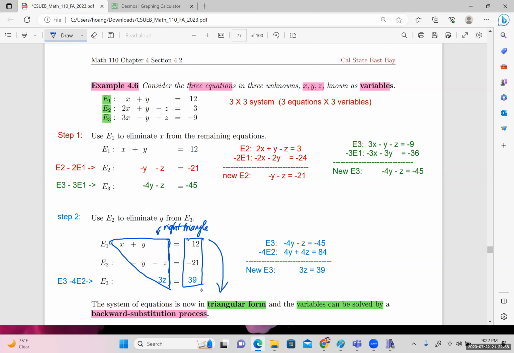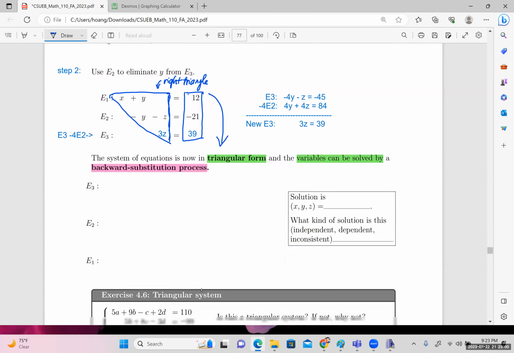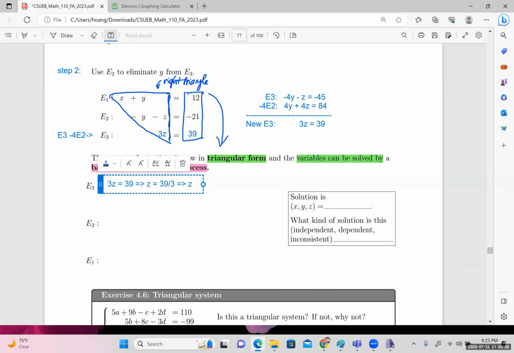And what is back substitution? Back substitution says that you must start from equation 3, which is 3z equal to 39, and then you solve for z. You have z equal to 39 divided by 3, so z equal to 13.